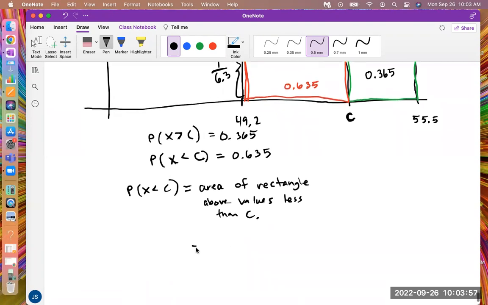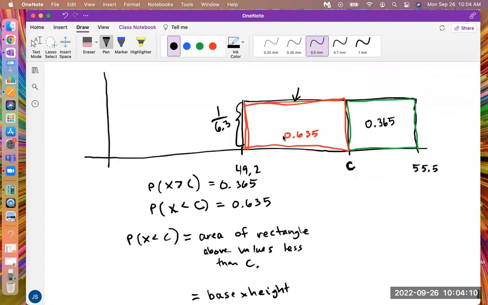Okay, so the area formula for a rectangle says base times height. Well, the base of this red rectangle is right here. So to figure out base, I subtract the endpoints, the larger endpoint minus the smaller endpoint.